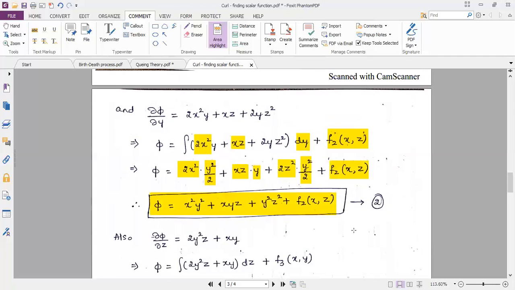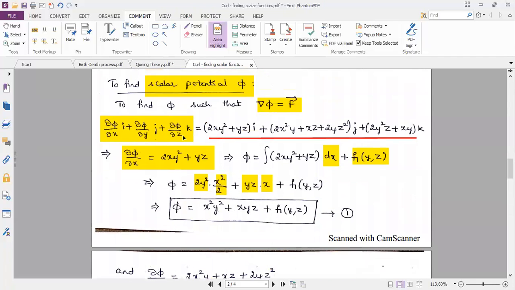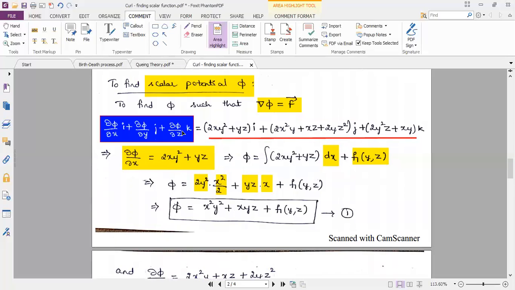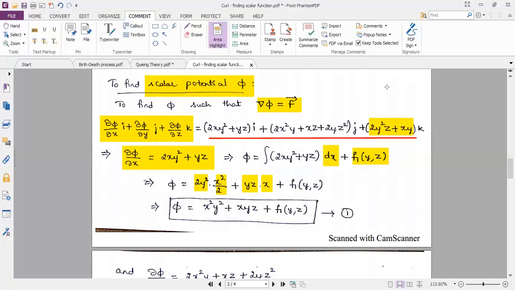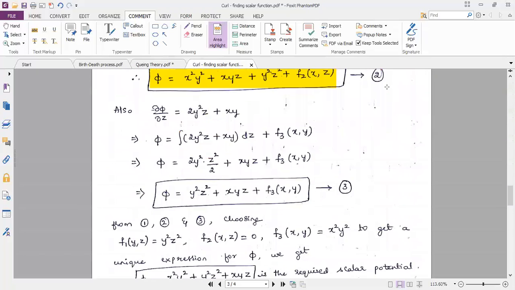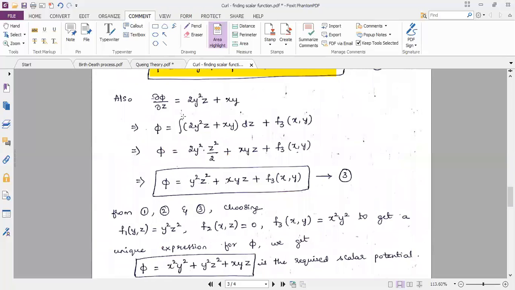Now similarly, suppose we equate the kth component on both sides. We have dou phi by dou z is equal to 2y square z plus xy. So considering that, we integrate with respect to z now. So phi is equal to the integration of 2y square z plus xy with respect to z, and adding the constant of integration as a function of x comma y. Since we are integrating with respect to z, x and y are constants. So we add the constant of integration with respect to x and y.